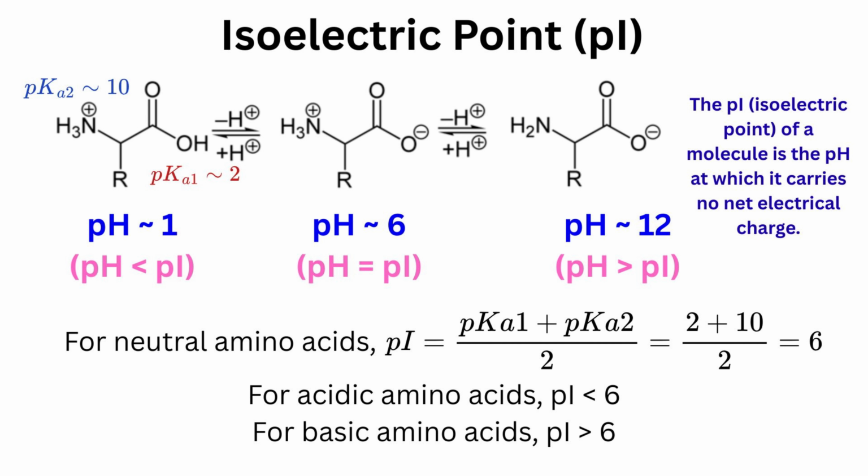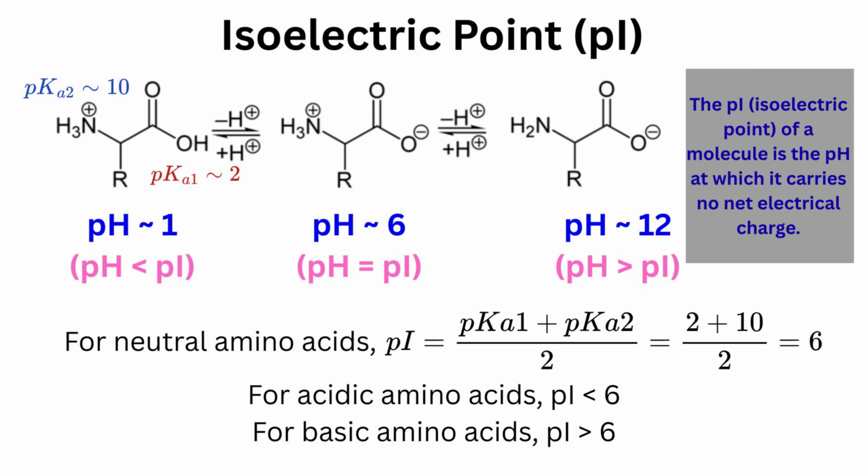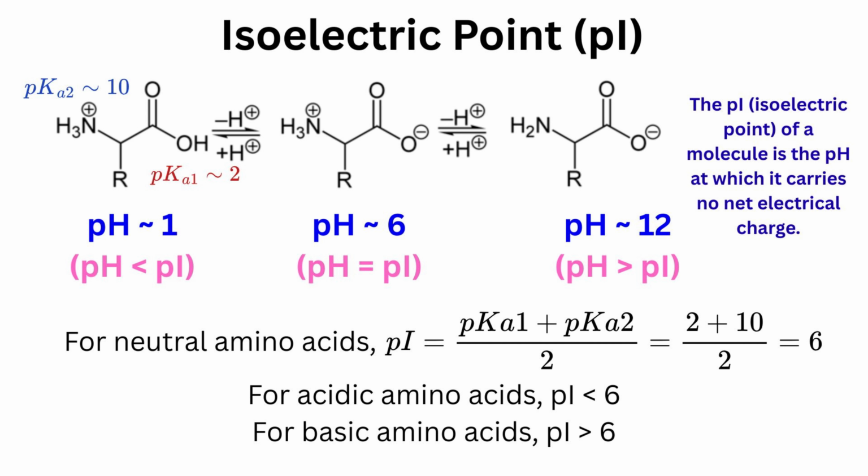The overall charge of an amino acid depends on the pH of the medium relative to its isoelectric point, or pI, the pH at which the molecule has no net electrical charge. For neutral amino acids, pI approximately equals the sum of the pKa of the amino group and the pKa of the carboxyl group divided by 2.